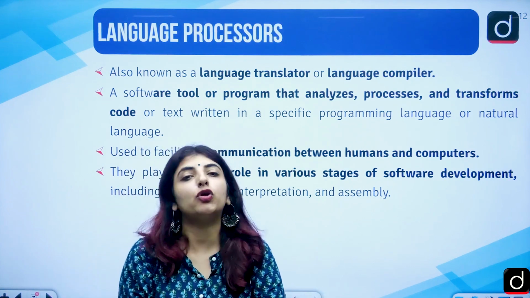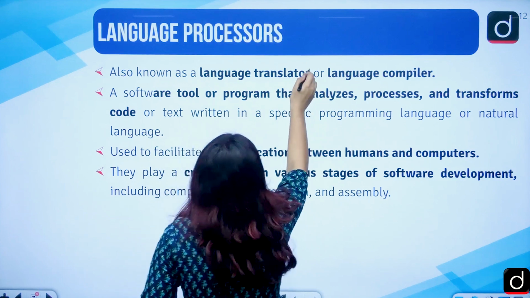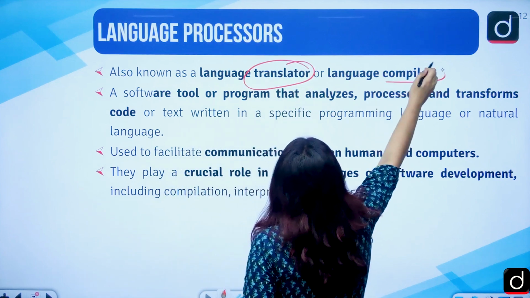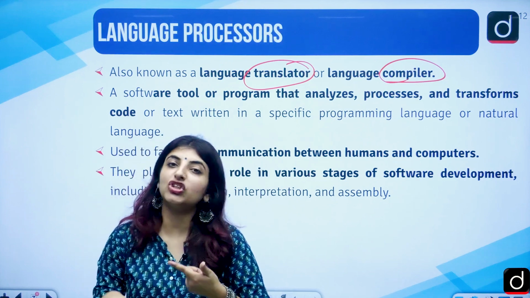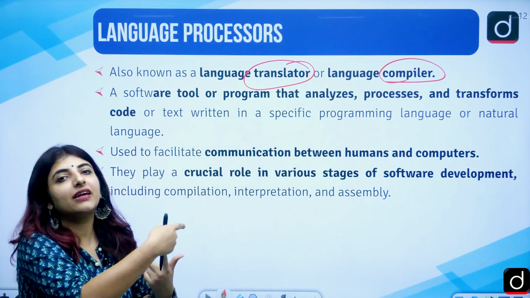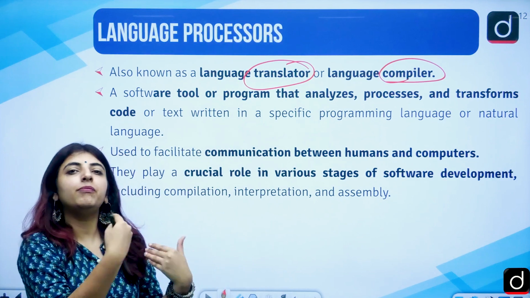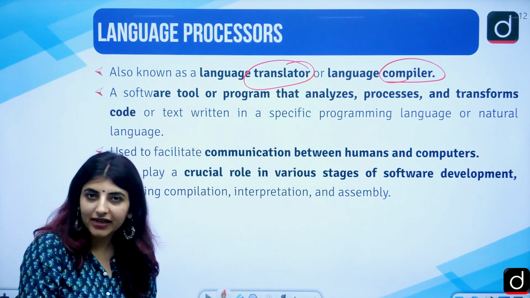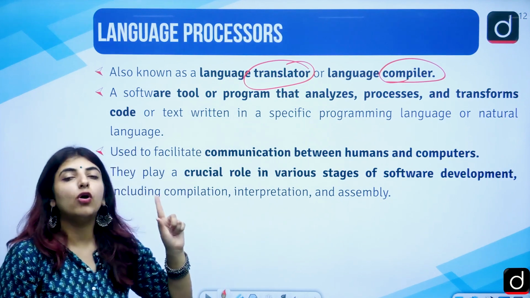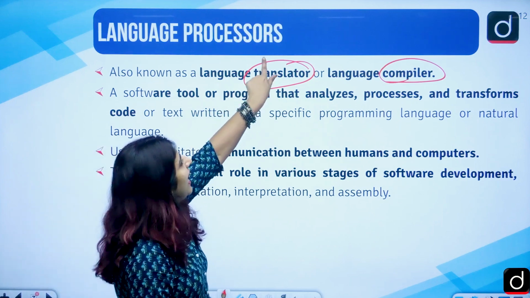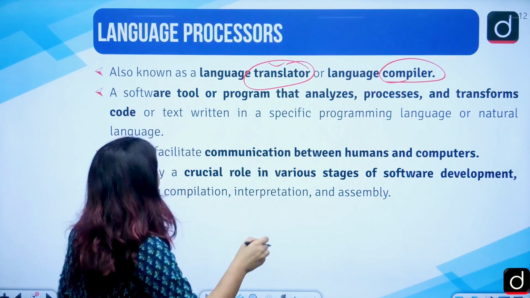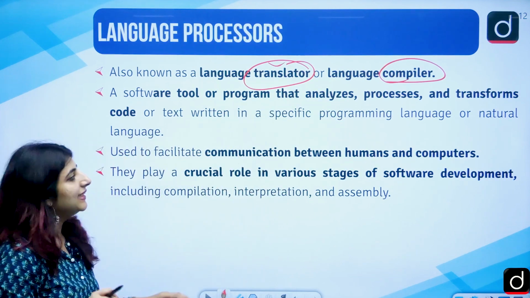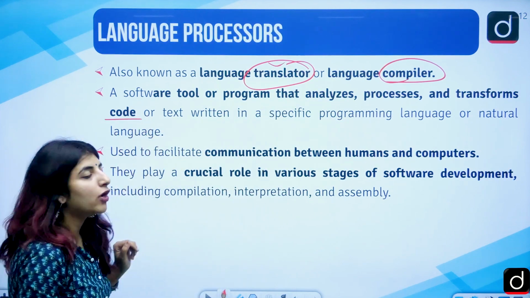So it will be translating or compiling the code which is provided and translate it to another level language so that the computer produces something, correct? So language processors are also known as language translators, right? And language compilers that analyze, process, and transform code or text.